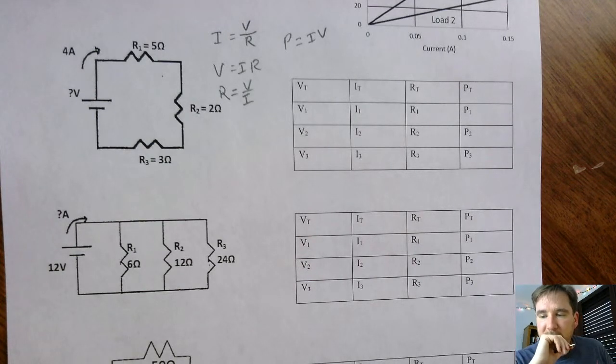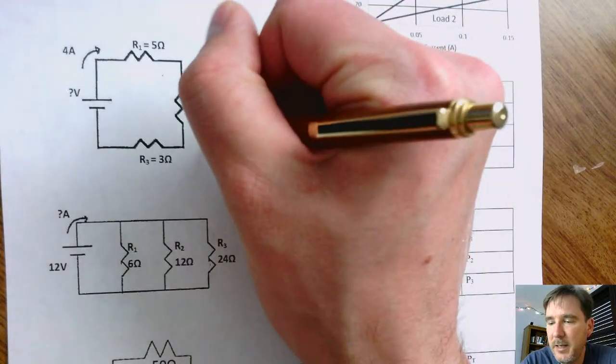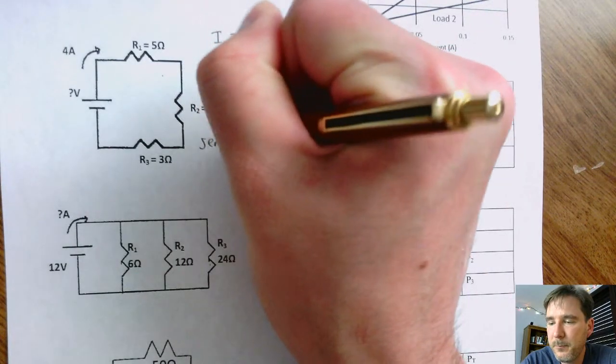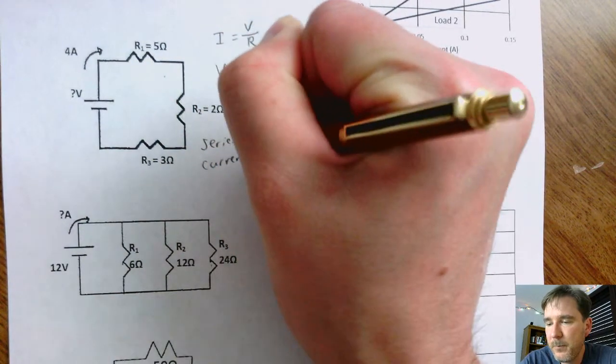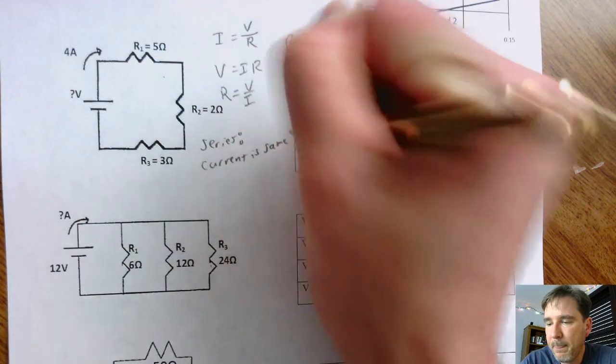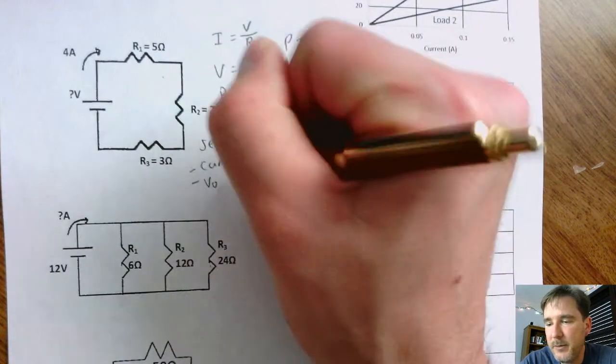And the other thing is look for the rules. To summarize, in a series, the current is the same. And this is simplifying it. And the voltages add up to the total.